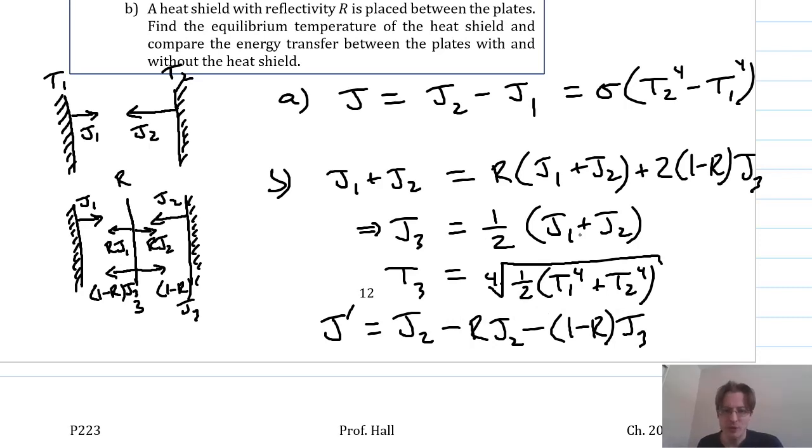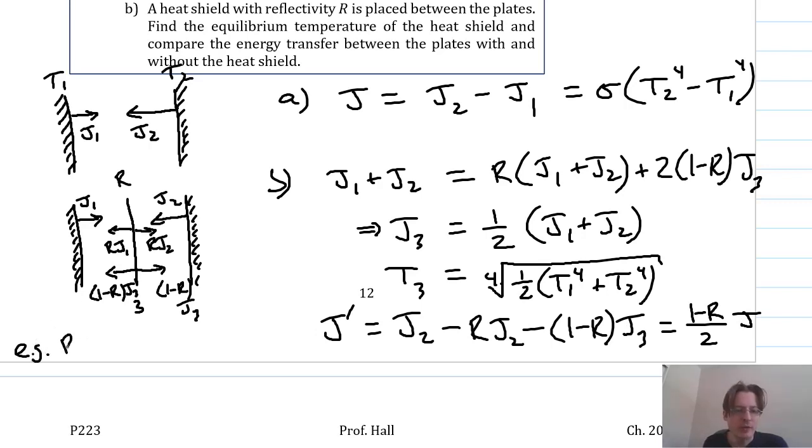I plug in the value of J3 and I find that it's (1 minus R) over 2 multiplied by the difference J2 minus J1, which is just equal to J. So that's how I can directly compare the heat flow with the shield there compared to what it was without the heat shield there.